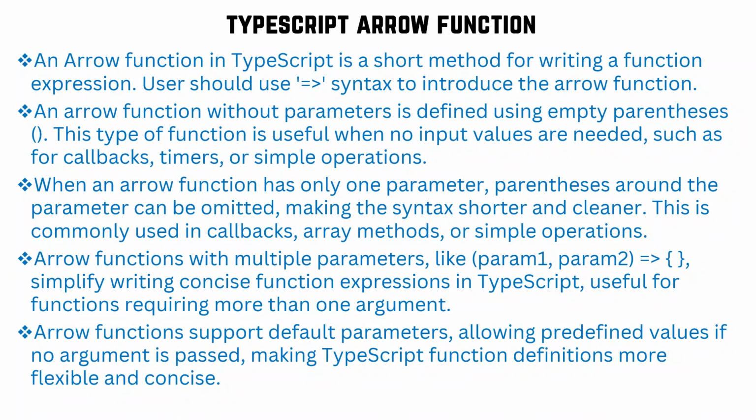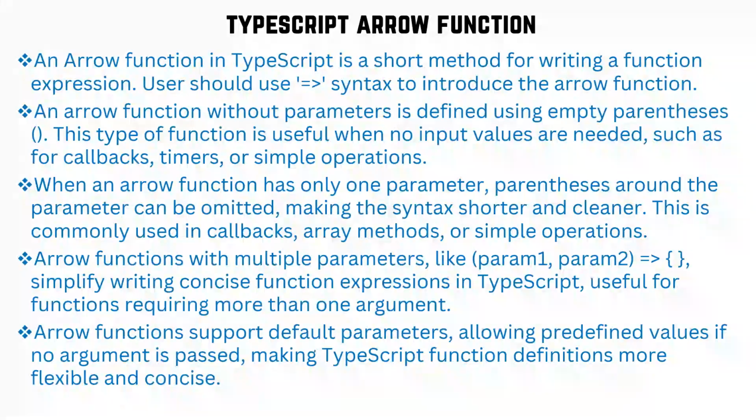For arrow functions with multiple parameters, we can pass the parameters one by one. It is used for writing concise function expressions in TypeScript and is primarily useful for functions requiring more than one argument. Arrow functions also support default parameters, which allow predefined values if no argument is passed, making TypeScript function definitions more flexible and concise.